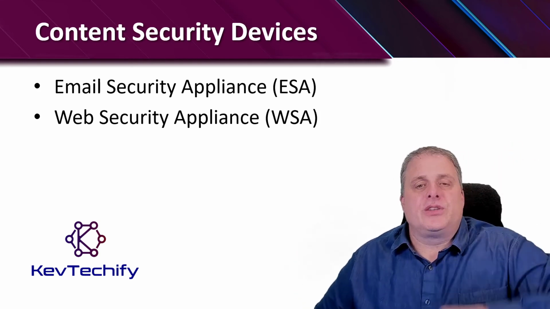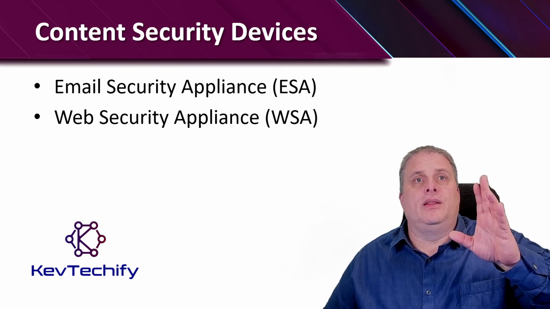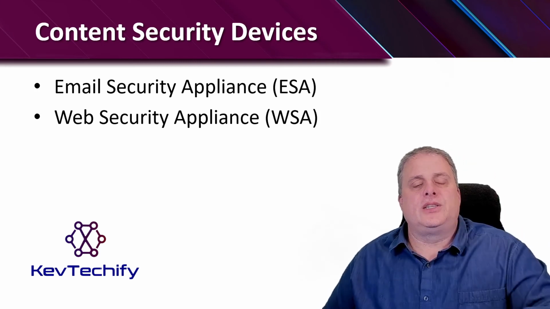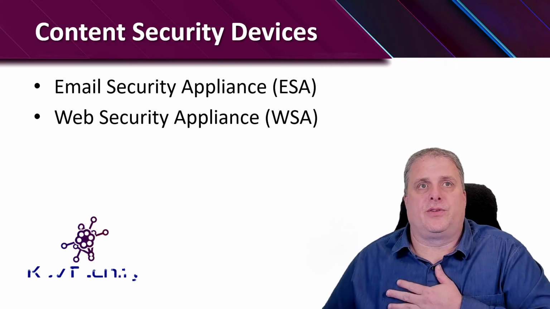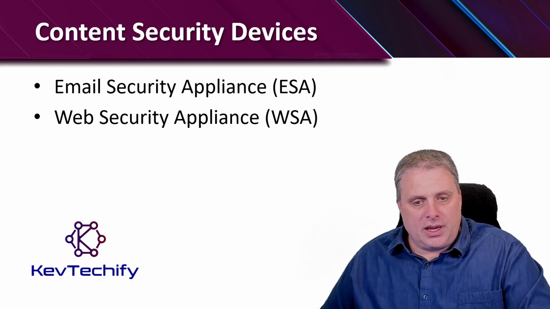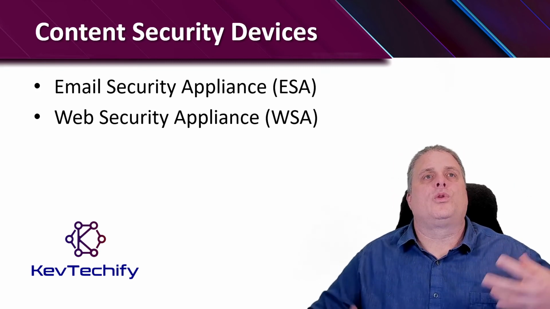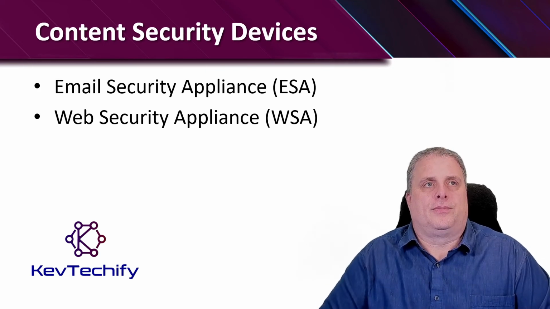The email security appliance, the ESA, is designed to monitor SMTP, Simple Mail Transfer Protocol. They look at the mail, where it's coming from, but they also look at the content. Is there something in here that will cause us problems?